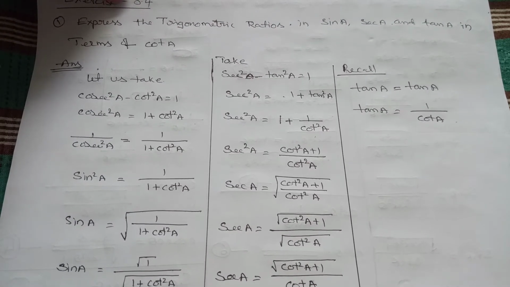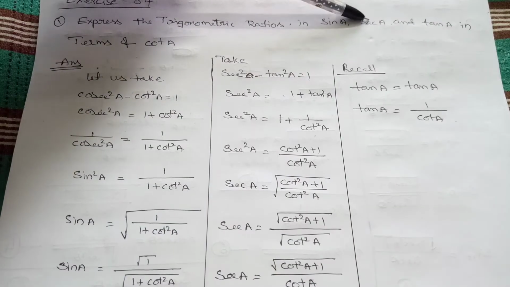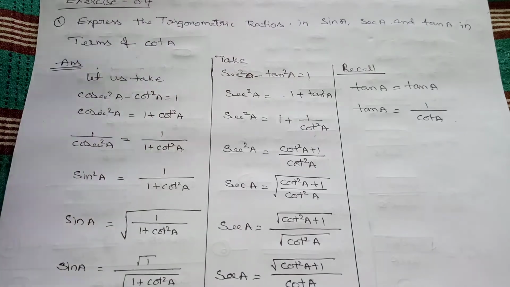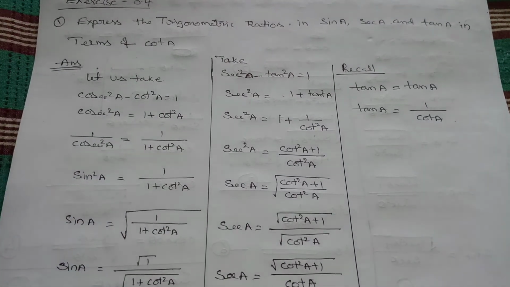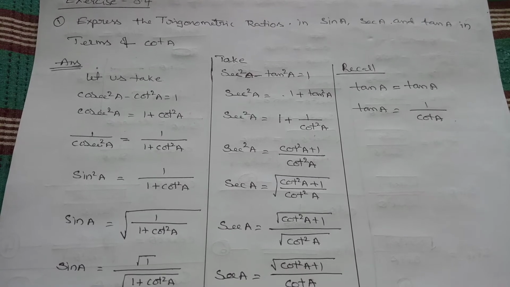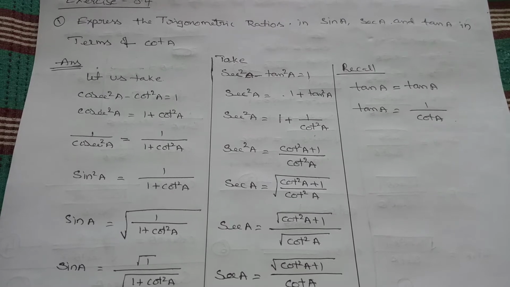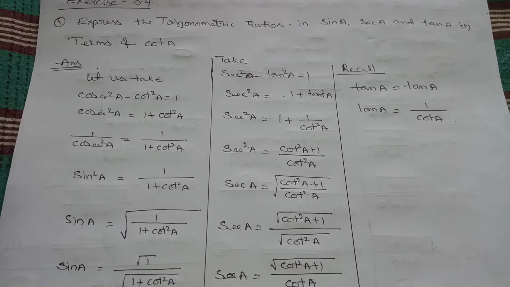Here three are asked. The first one is sin A, the second one is secant A, the third one is tan A. So dear students, you have to remember one thing. All the ratios belong to one triangle and every ratio has only two sides, and the third side is connected by Pythagoras theorem.